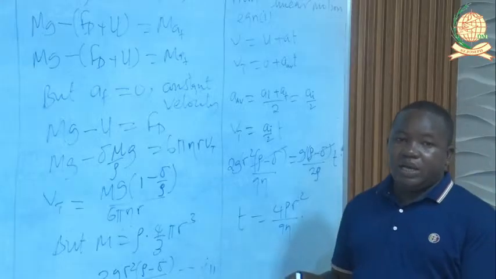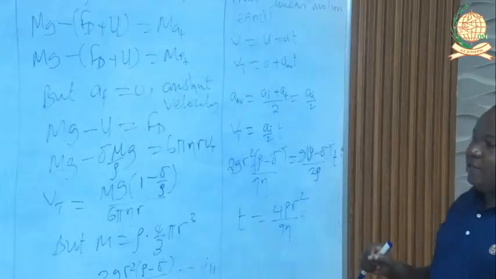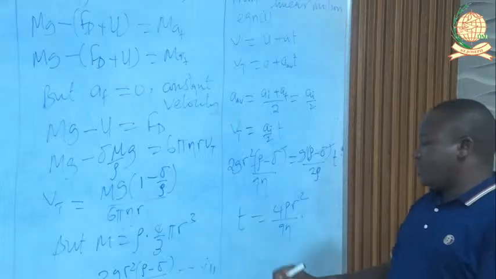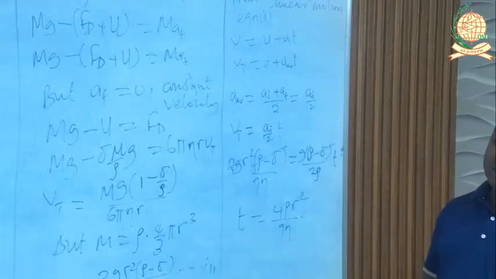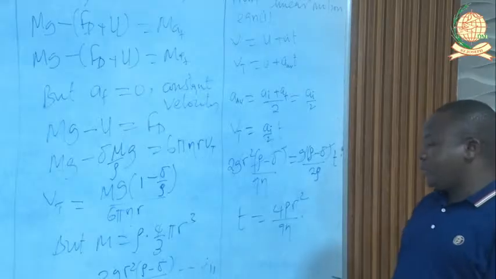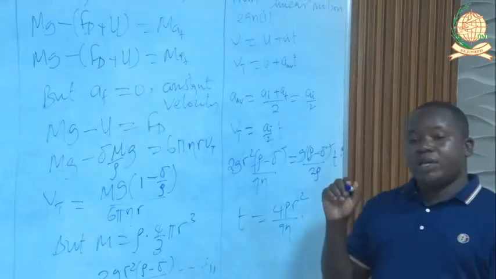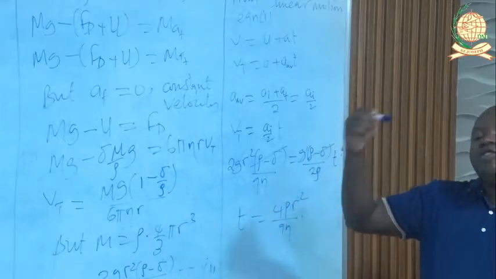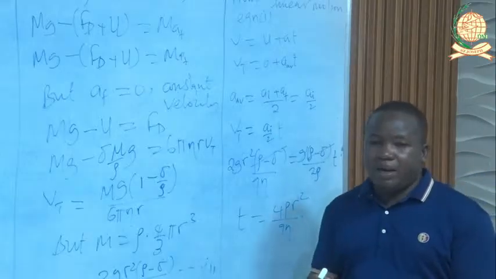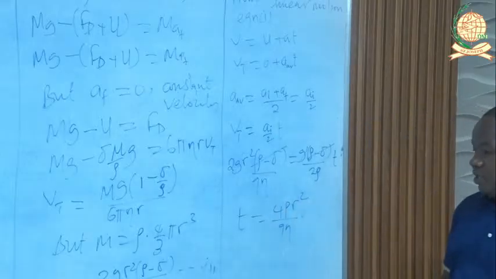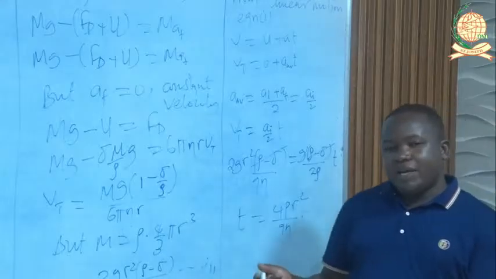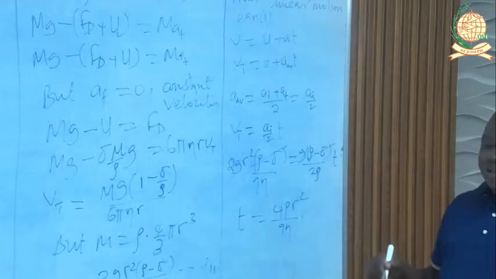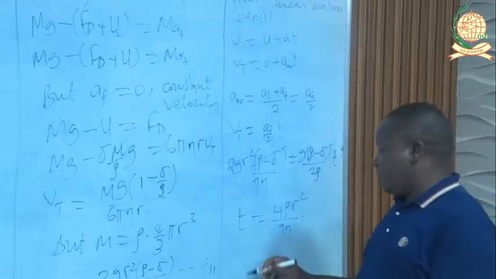Therefore, how does temperature affect the viscosity? Viscosity is affected by temperature. As temperature increases, viscosity decreases. Therefore, the oil with viscosity X that is suitable during the winter might not be suitable during the summer because its viscosity will be changed. For that reason, different oils are used during different seasons because of this effect of temperature on the viscosity of the oil.